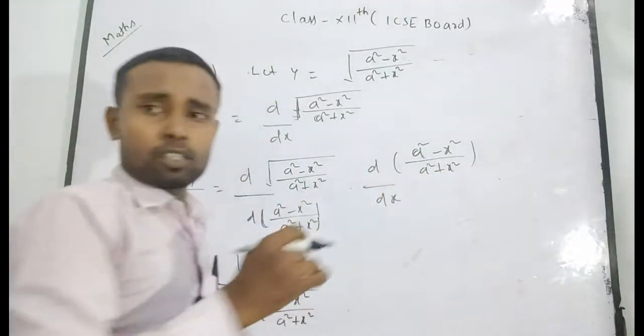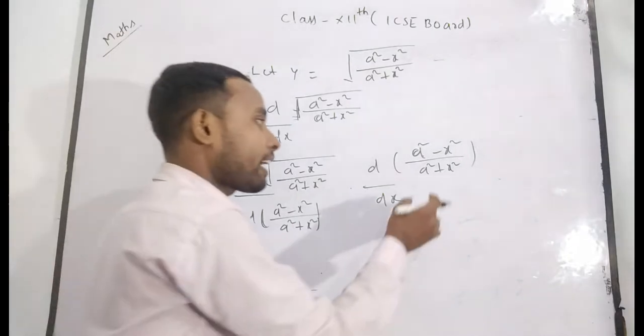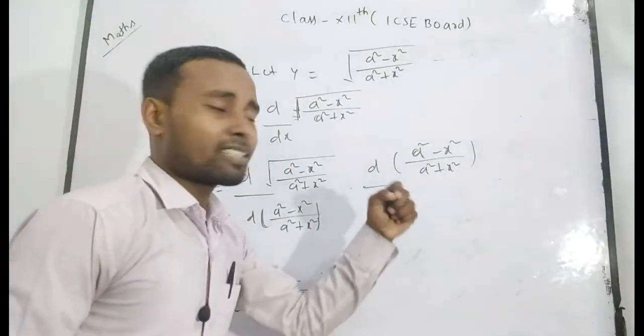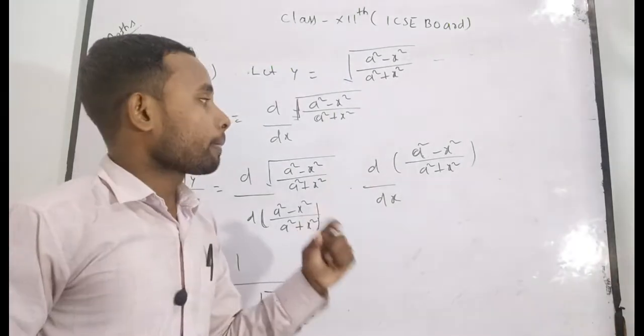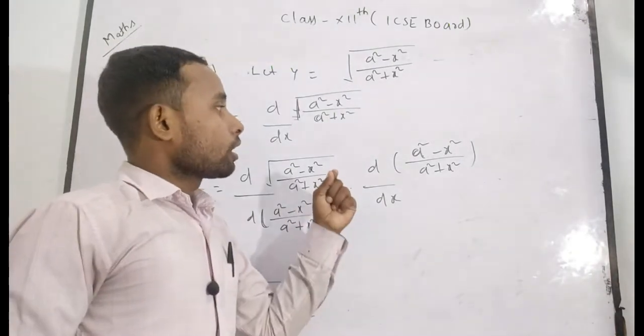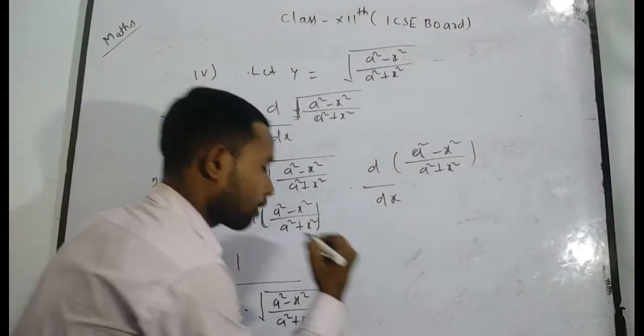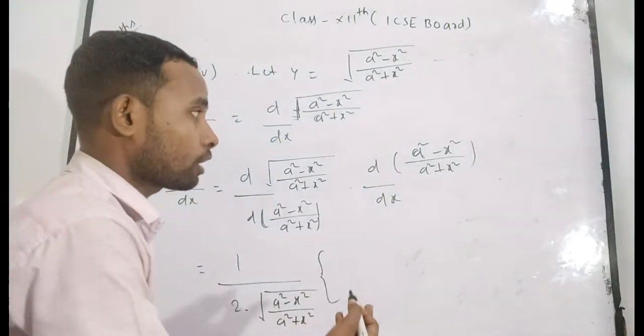Now this is a quotient rule. In the quotient rule, I have already told you, I will not write each and every step. Sometimes I will jump, but if you have time you can write directly. Now I want to go according to the quotient rule.